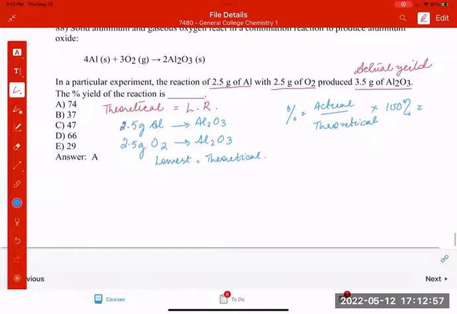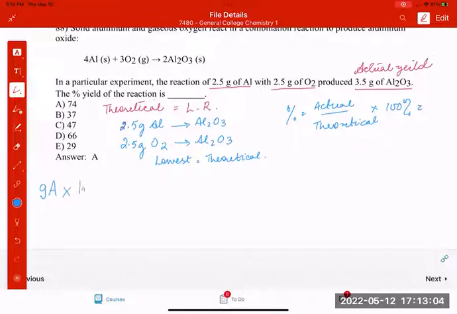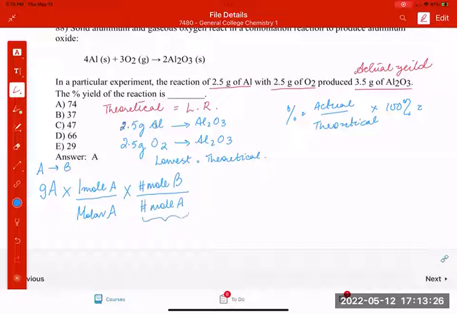So just remember that you start with grams of something, grams of A, convert that to moles of A: 1 mole of A over the molar mass of A, whatever that A is. You're converting A to B. Next you're going to look at the mole to mole ratio: the number of moles of B over the number of moles of A. And this piece you're going to get from the balanced equation.